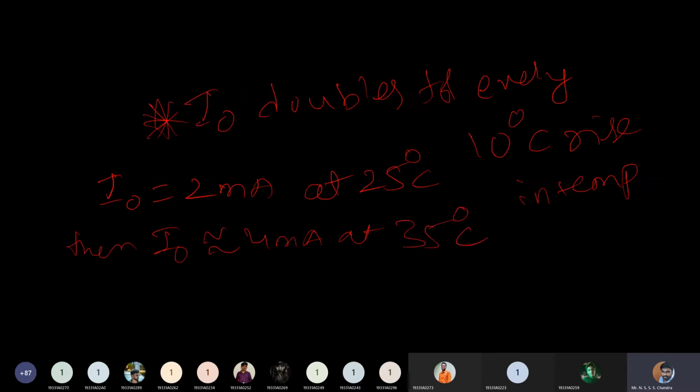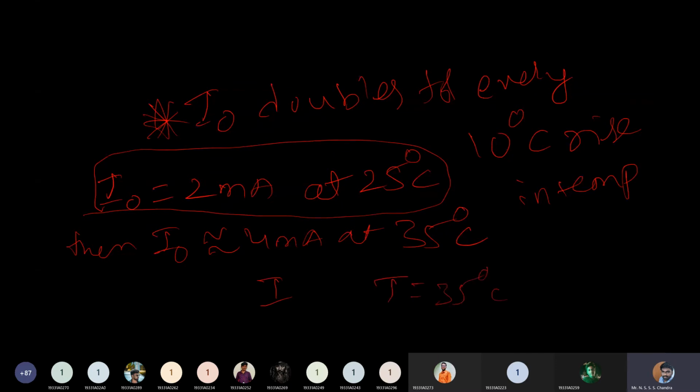So in some questions, instead of directly mentioning I naught at the particular temperature, they might mention I naught at a different temperature and ask you to find the current I when the temperature is 35 degrees, whereas the data given is, let us say, I naught is 2 milliamperes at 25 degrees. For that, you need to remember this fact that I naught doubles for every 10-degree rise in temperature.